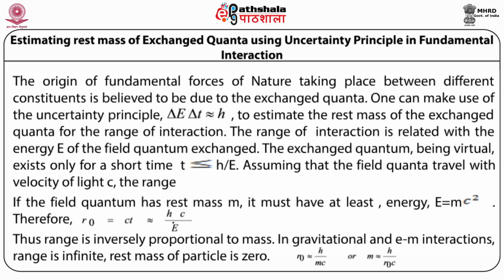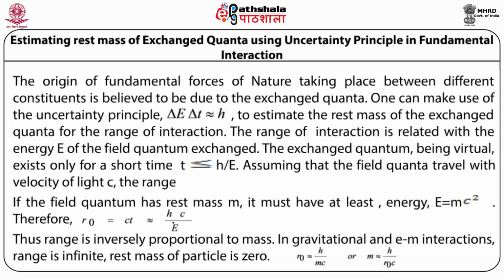The exchanged quantum, being virtual, exists only for a short time t less than or equal to h by E, assuming that the field quanta travel with the velocity of light. And this is because for light, the field quanta is an electromagnetic radiation, and all electromagnetic radiation, including light, will travel with the speed of light, that is c. So, we can find out the range.